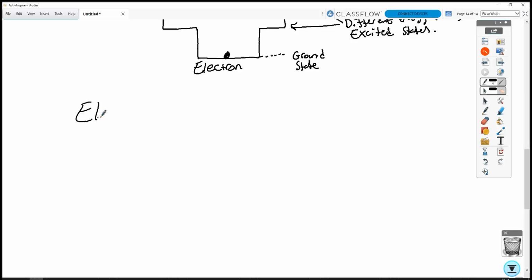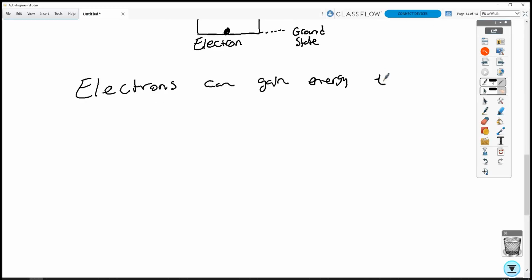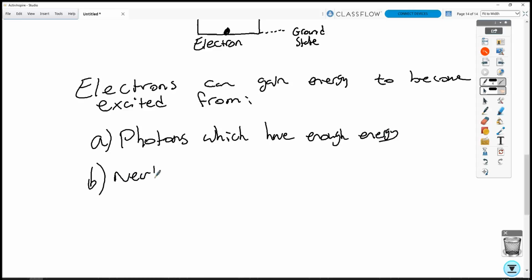So let's write this down. Electrons can gain energy to become excited from A, photons which have enough energy, and B, nearby free electrons.